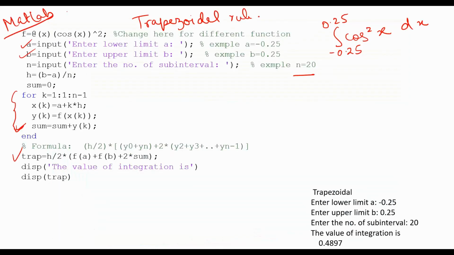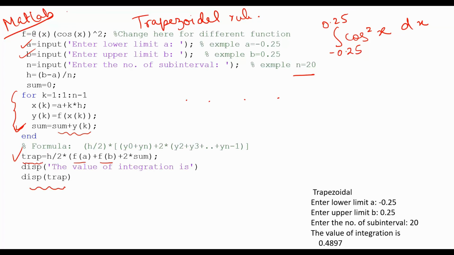We are creating x, the equally spaced points, and then adding up those values. Finally, for the trapezoidal formula, we take the end points plus 2 times the sum which we are getting over here. Finally we can display the result obtained in this variable.